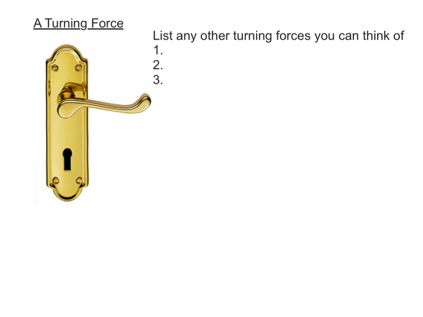A turning force acts at a certain point from a pivot. To understand what a pivot is, you need to know that it's a point at which a lever or a seesaw potentially could balance.